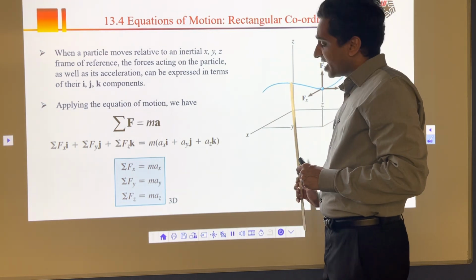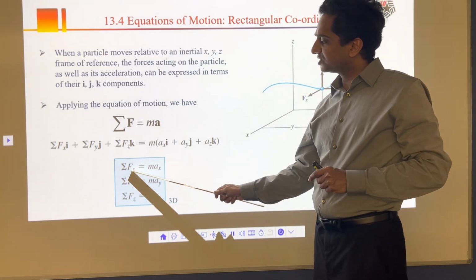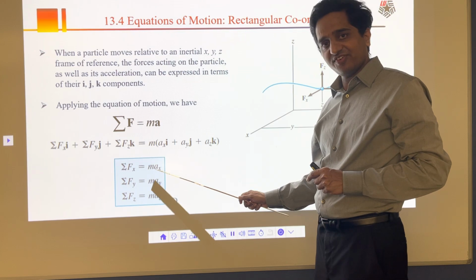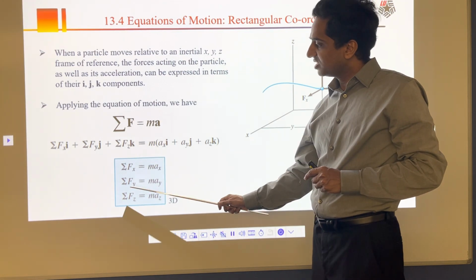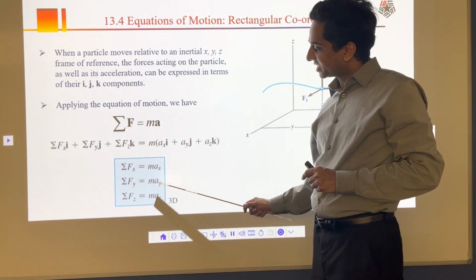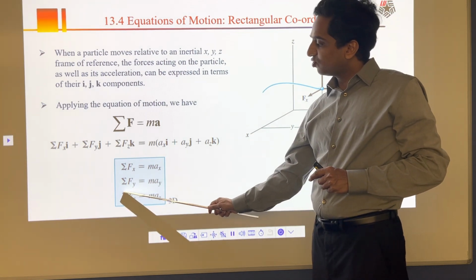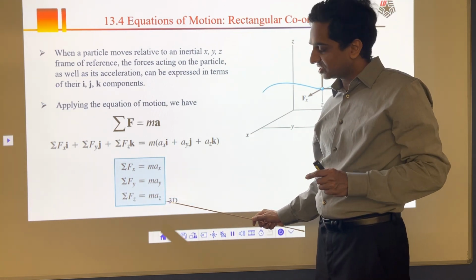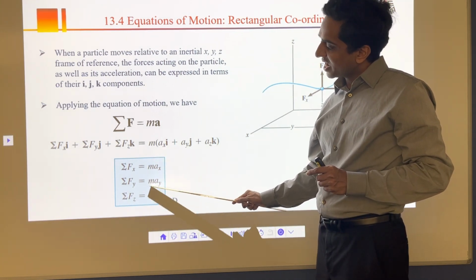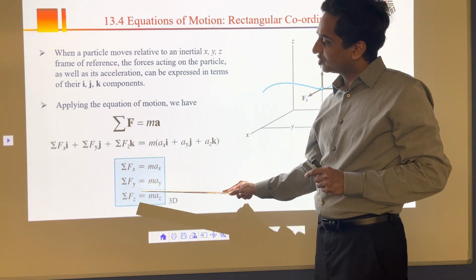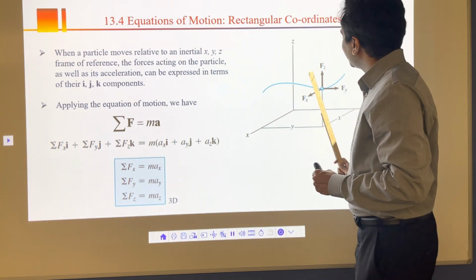Or I can rewrite those forces as: all the forces in the x direction equal m ax, that's acceleration in the x direction, forces in the y direction causing acceleration in the y direction, and forces in the z direction causing acceleration in the z direction. That's how I can rewrite Newton's second law for each direction.